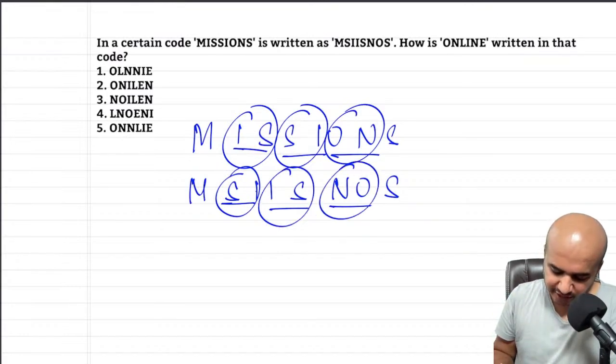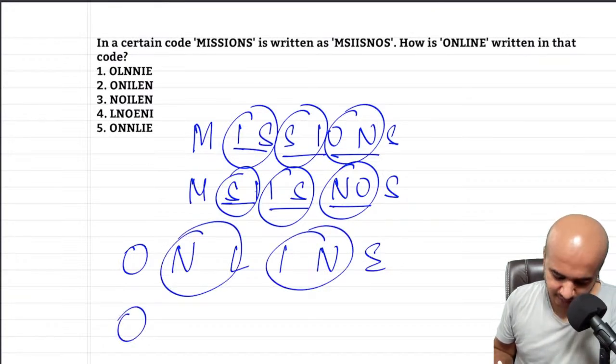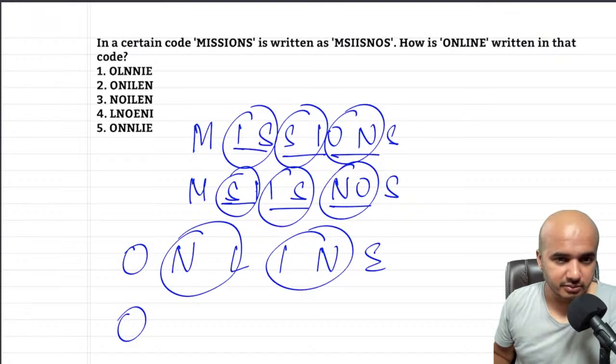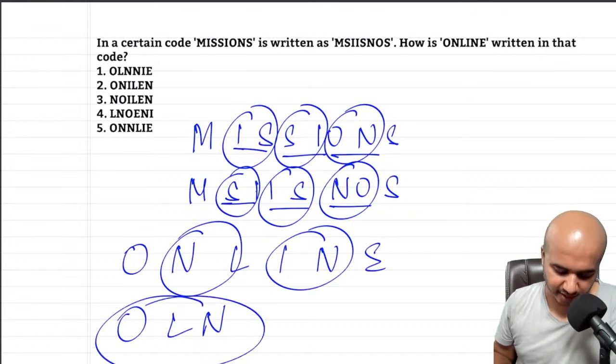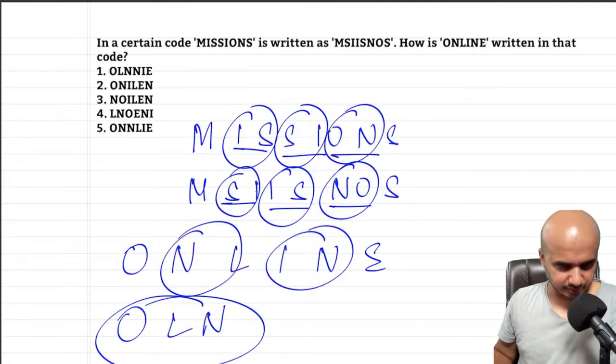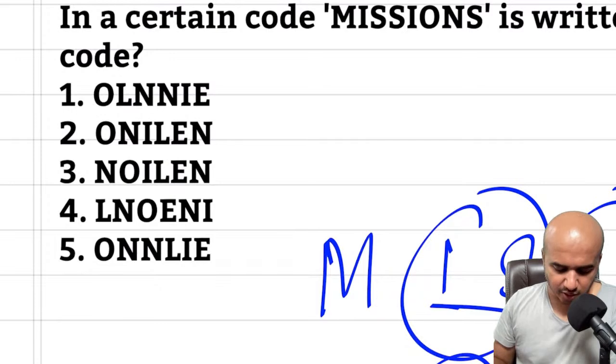So let me do the same thing for online. NLIN. O remains as it is, doesn't change. NL becomes LN. So now we have already concluded that the first three letters will be OLN, right? Look at the options. If you look at the options, you will notice that none of the other options have the letters OLN as the first three letters.